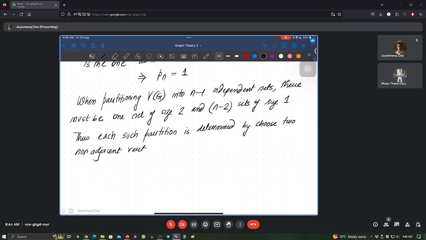If we choose two non-adjacent vertices, I keep them in one set, and all the remaining n minus 2 vertices I can put singly into the other sets, right? So how many ways can we choose two non-adjacent vertices?